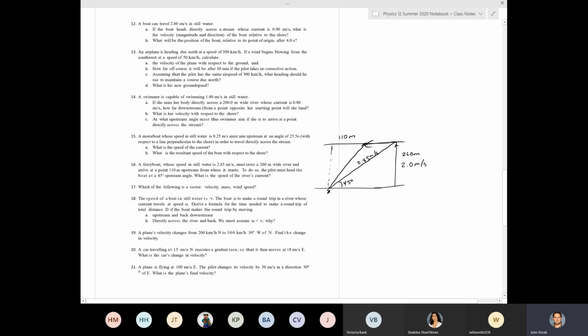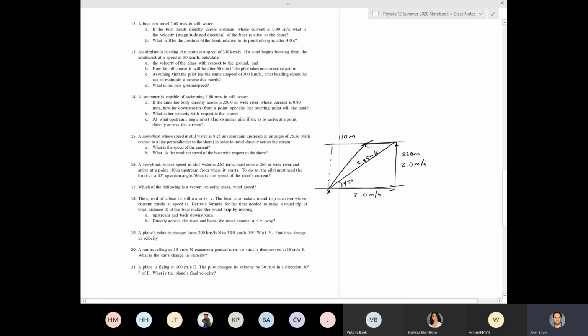Oh yeah, okay. So the speed that it crosses the river with is unaffected by the river, and that's how you know it's going to be 2.0. Now, the horizontal velocity, because it's 45 degrees, is also going to be 2.0 meters per second.